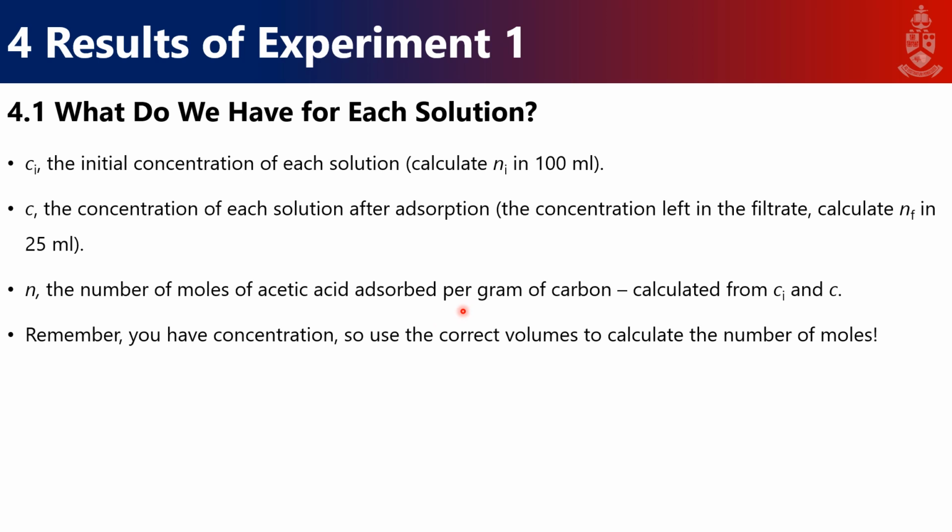Well, approximately 1 gram. So in other words, if you had 1.0017 grams of carbon, then you divide N by 1.0017, and you get exactly per gram of carbon. Okay. And then from there on, you are going to plot the different isotherms, which we will now look at.